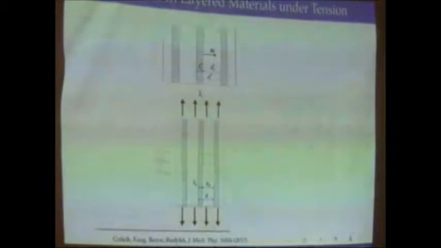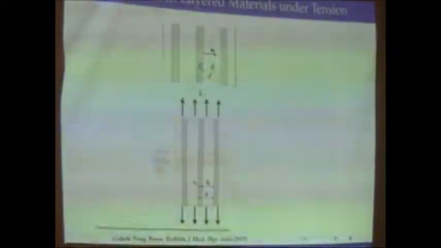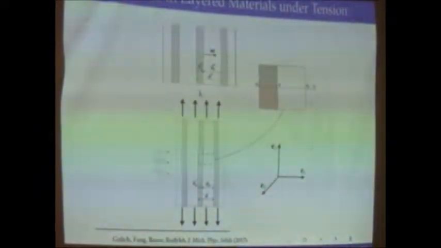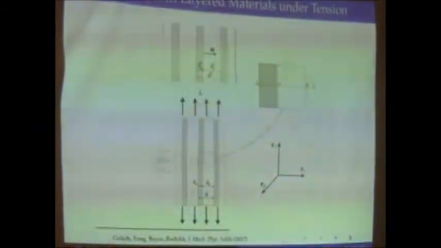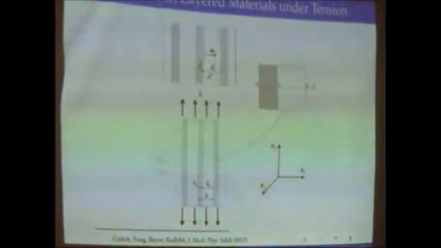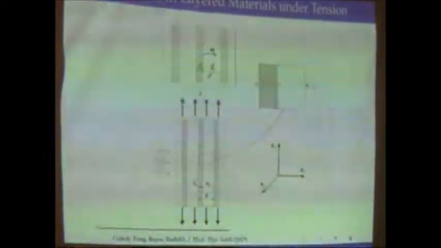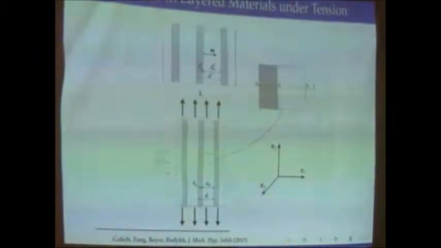For that, I will just apply tension instead of compression, and then everything becomes relatively simple, as we know how the thicknesses will change as we apply tension. We also can obtain the exact solution for this problem for large deformations, and we know how the properties of each phase, the matrix and the stiffer layers, will change.